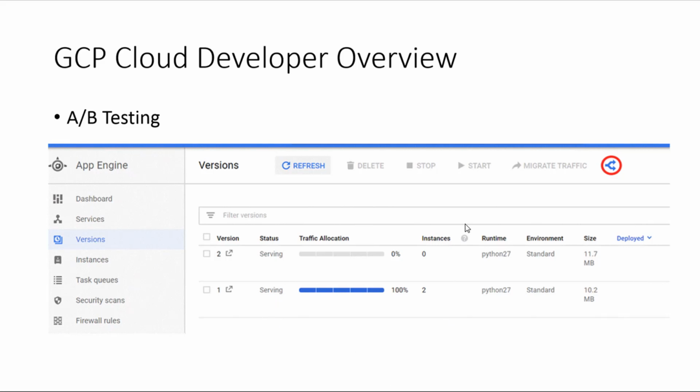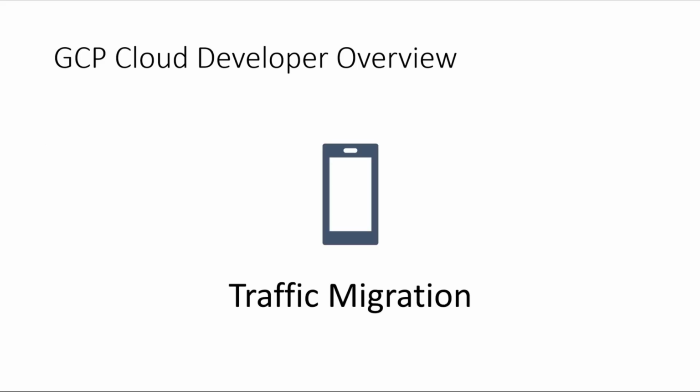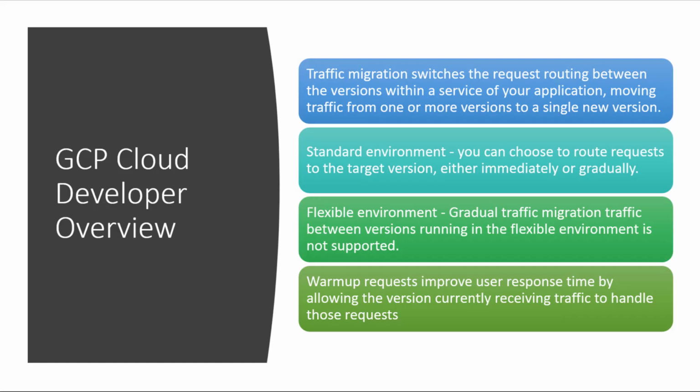And basically, we could go ahead and select the little icon there. That is the split traffic, and that would be our A/B testing. Now, traffic migration. We may have an issue in our application where maybe one region isn't performing the way we expected, or there's a huge traffic issue that came up for whatever reason.